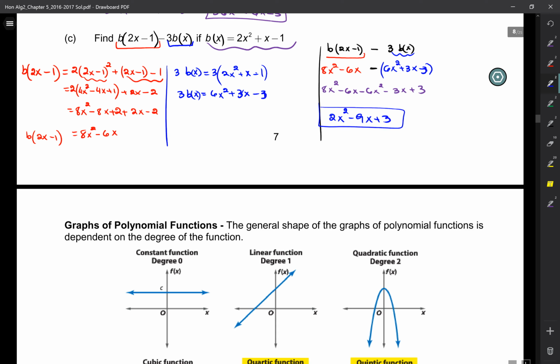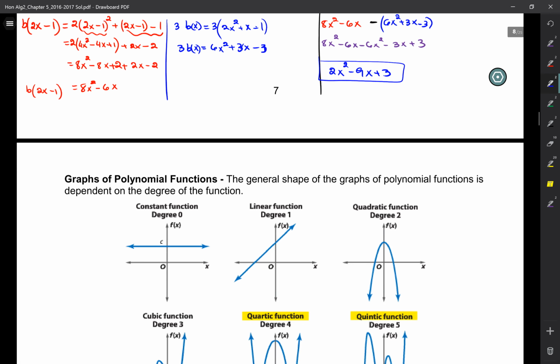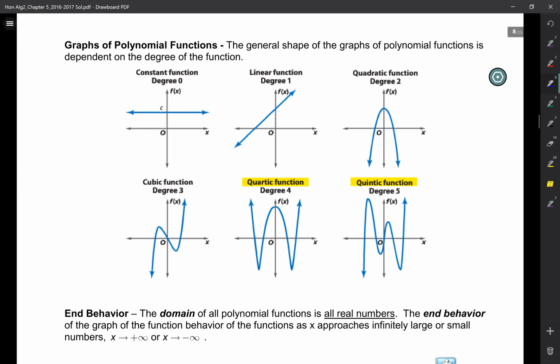After all of that. All right, so talking about graphs of polynomial functions. The constant function, which we said had a degree of 0, right, is just a horizontal line through y. So for example, if you have f of x equals 5, that's the same as y equals 5, and it just crosses through y equals 5.